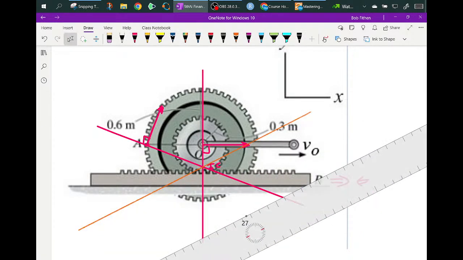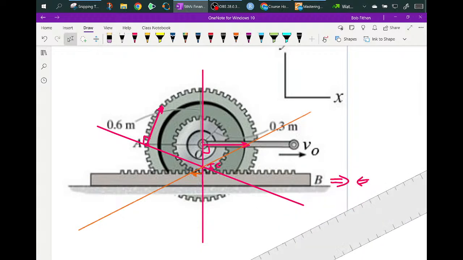And suddenly, you have the speed of your rack. I can't zoom in any closer than this, but there's the speed of your rack. So it's going to the left, and it's going a small velocity. If in fact that instant center touched the rack exactly where they intersected, then the rack is sitting still.